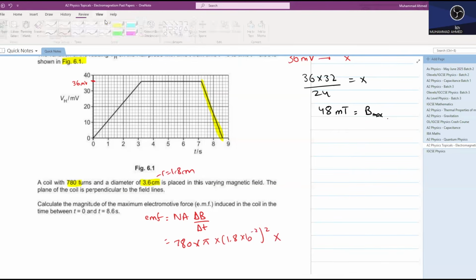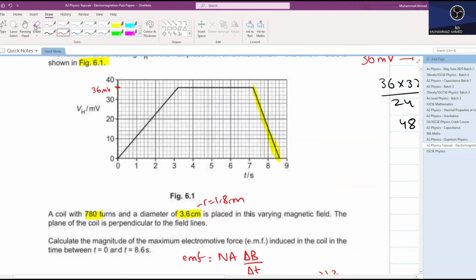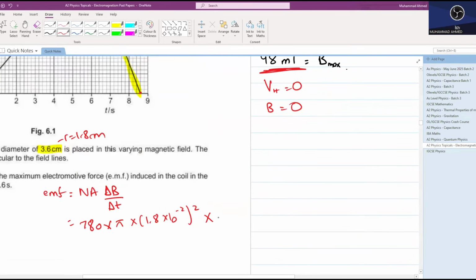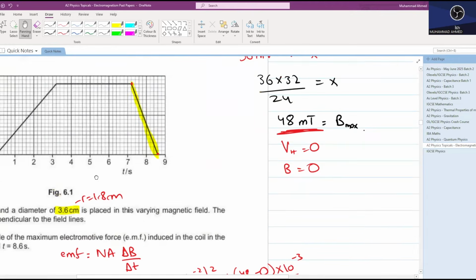What will be your change in B here? If you see here, initially your Hall's voltage is at a maximum value of 36, and at a value of 36, your B is 48. Then your Hall's voltage drops to 0. So if your Hall's voltage is 0, your magnetic flux density will also be 0. So what is your change in B? Your change in B is 48 minus 0, into 10 raised to the power of minus 3. What is your change in time?